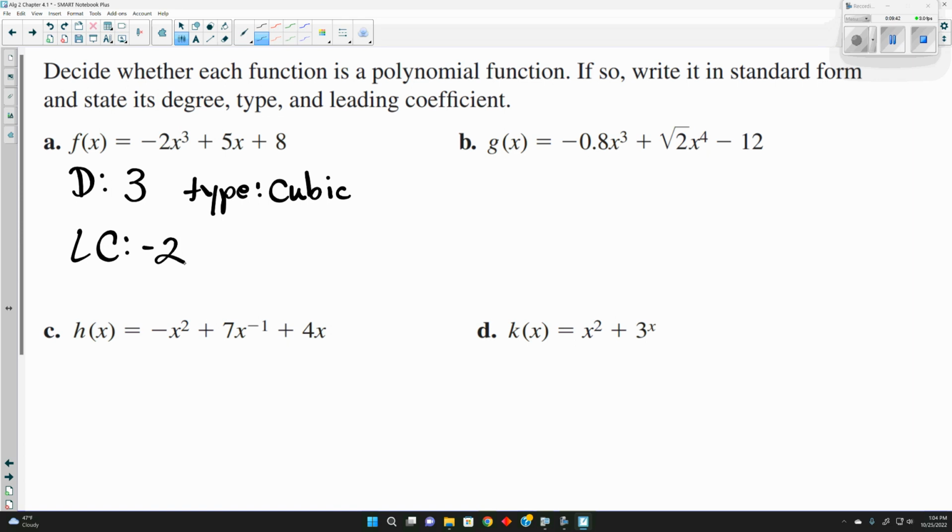So like on B, is the radical, what's inside the radical, the 2 or both the 2 and x to the 4th? It's just the 2. If it had done that, then yes, it would not be a polynomial function because both of those would be contained inside the radical.